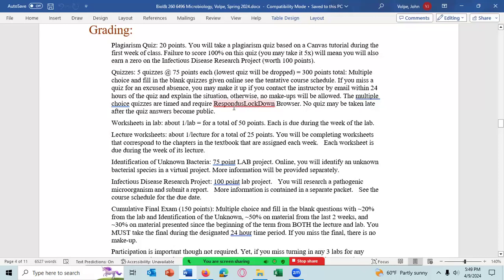The quizzes all require Respondus Lockdown Browser, except for an extra credit quiz and Final A does not require Respondus Lockdown Browser, and that's because they're essay questions.